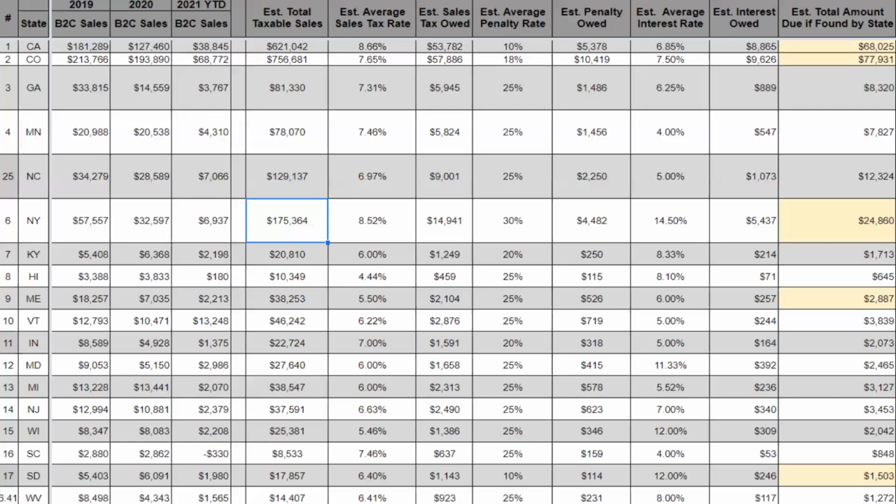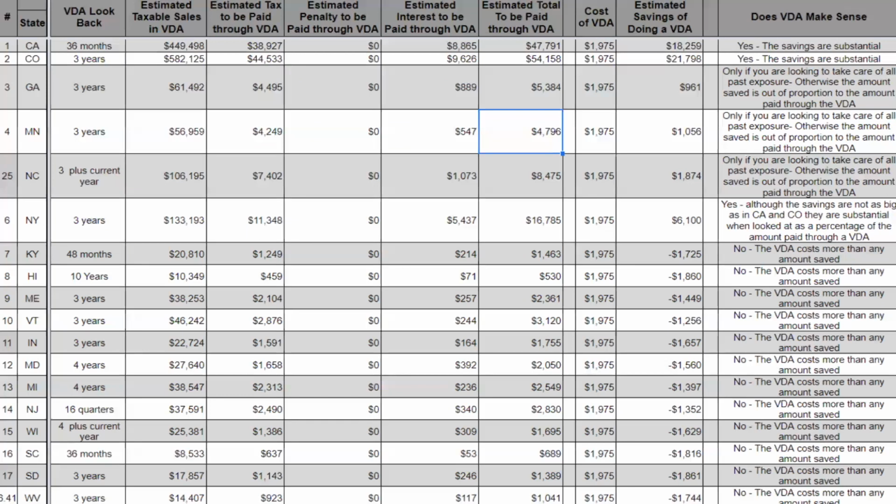Does a VDA make sense? And this is really, really important. There's a software company out there that pretty much says if you owe more than $500, then you really should do a VDA. You don't have to do it. And by the way, they charge $3,500 for a VDA.